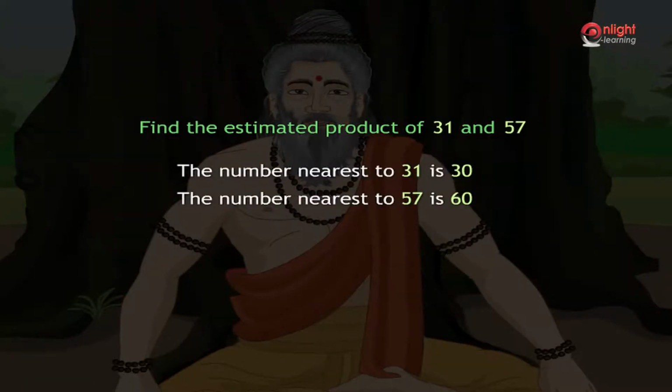So round off both numbers to 30 and 60. So to find the estimated product of 31 and 57, we multiply 30 and 60. You all know that to multiply 30 and 60, it is enough to multiply 3 and 6 and add 2 zeros. So 30 multiplied by 60 is 1800.